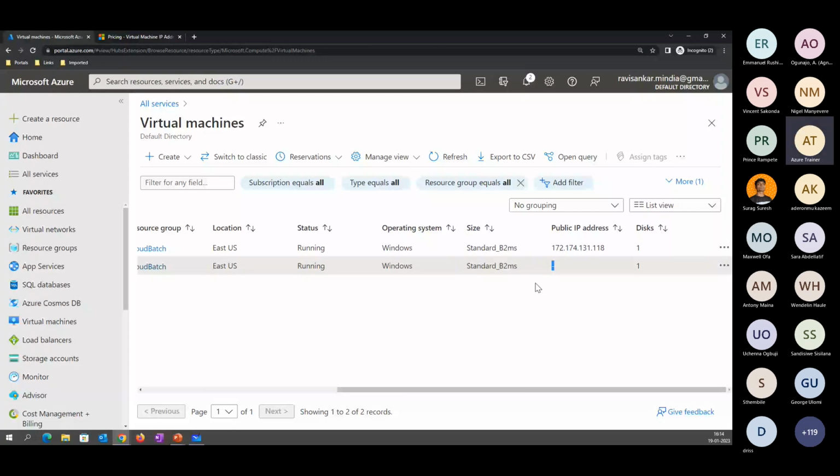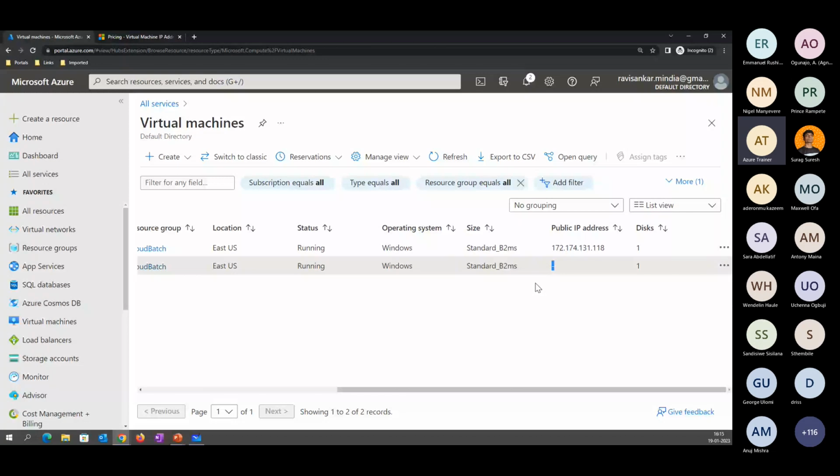What is the reason why this has not been taken? What is the reason behind it, like it was set to none in the configuration? Okay, let's hear from others also.